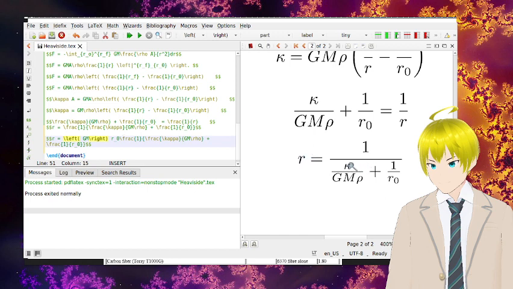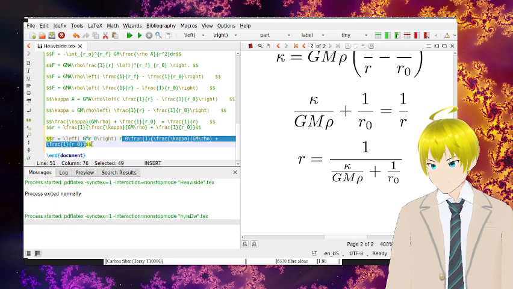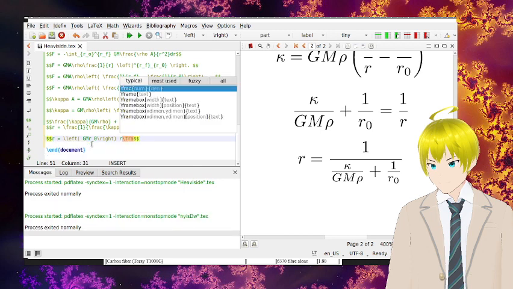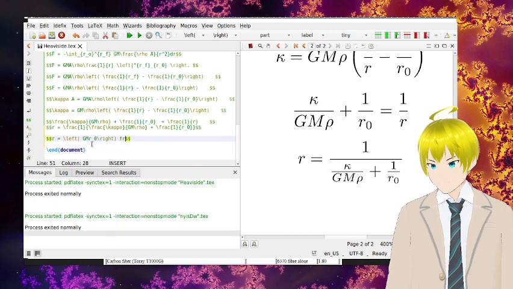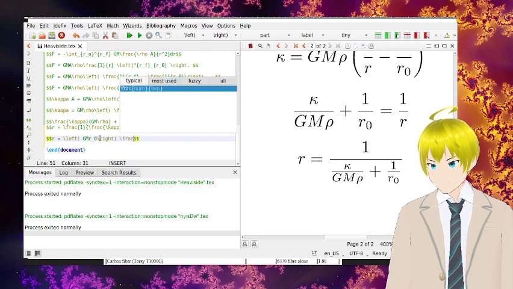I want to get this in terms of kappa over rho, actually. So I'm going to collect my terms like this, times R naught, GM times R naught out front. And then I will have a fraction here.